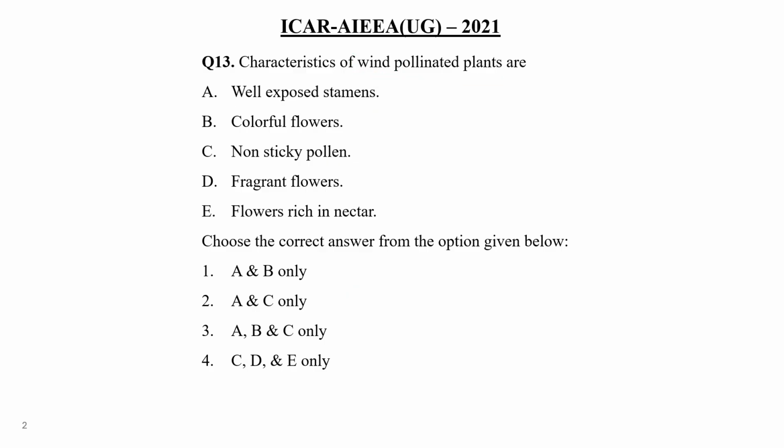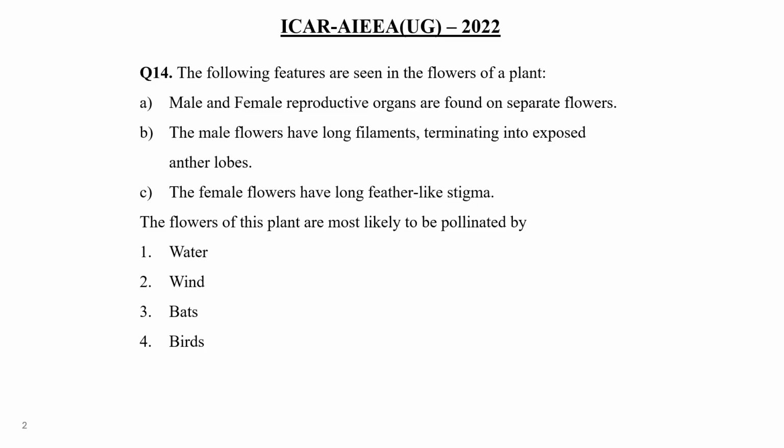Clear? Now question number 14. Which of the following features are seen in the flower of a plant? Male and female reproductive organs are found on separate flowers. Male flowers have long filaments terminating into exposed anther lobes.